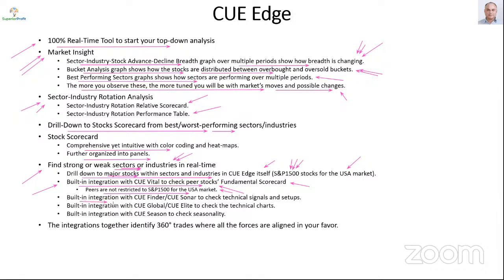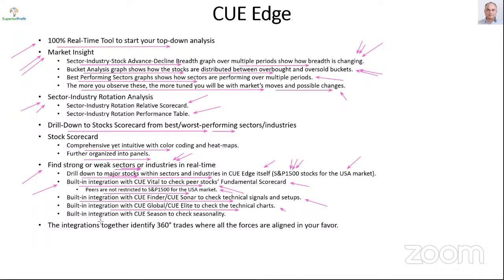We can also use the integration with QFinder or Sonar. QFinder, part of Q Global on Metastock. Sonar, part of Q Elite on TradeStation, to check technical signals and trade setups. We may then confirm the technical setups by looking at technical charts using Global and Elite using the built-in integration.